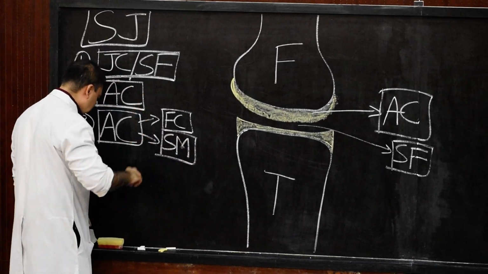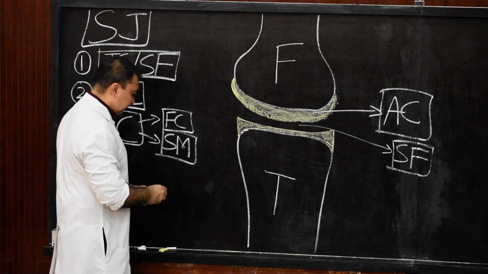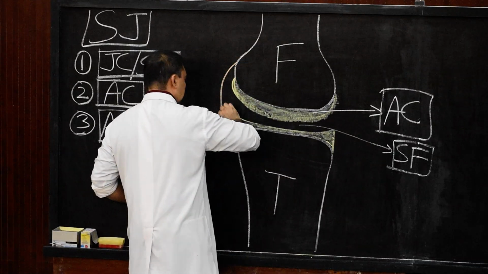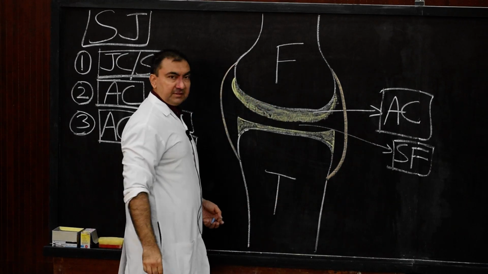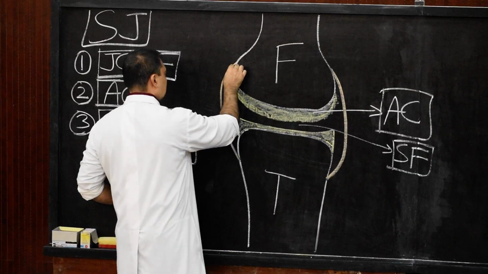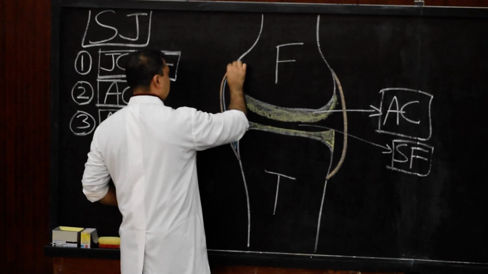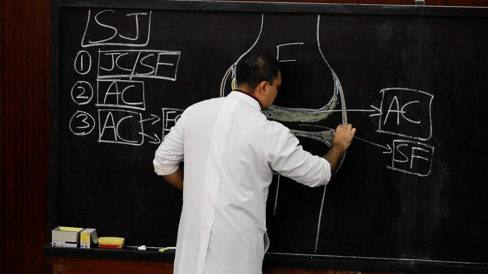To show these, the orange color which I have drawn is the fibrous capsule, and deep inside, the blue color which I am marking is the synovial membrane.